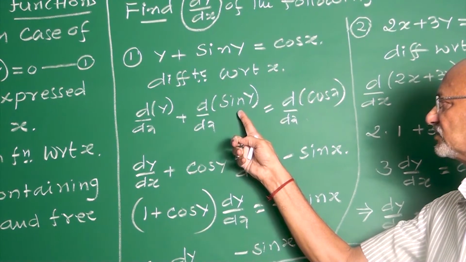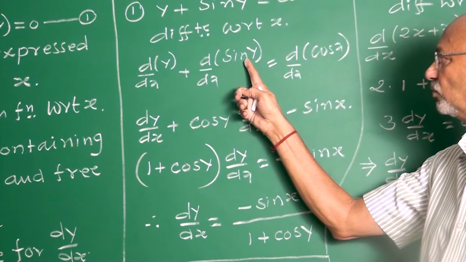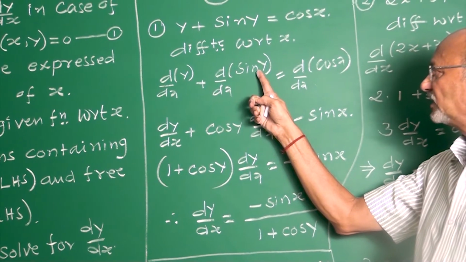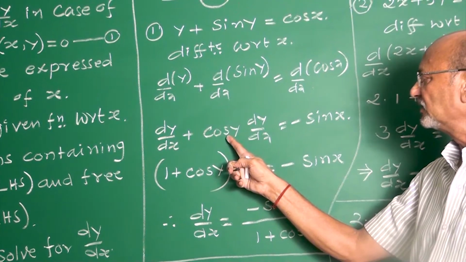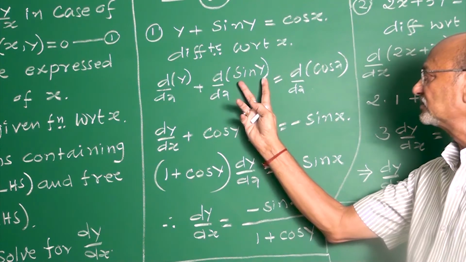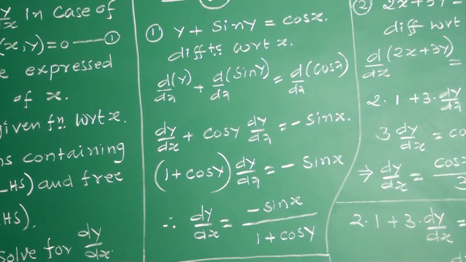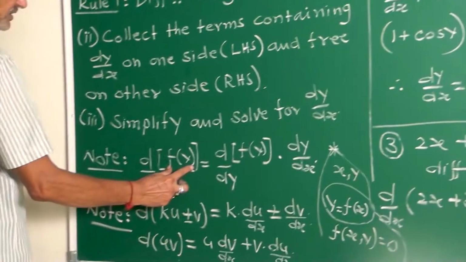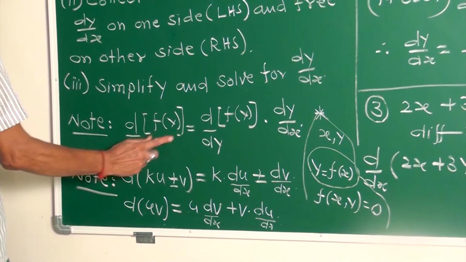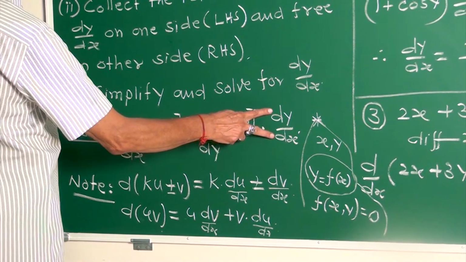What is this, my friends? Other than x, first differentiate sin y with respect to y. Derivative of sin y with respect to y is cos y, then derivative of y with respect to x. Remember, my friends, while differentiating any function of y, which is a function other than x, with respect to x, it is dy by dx into dy by dx.